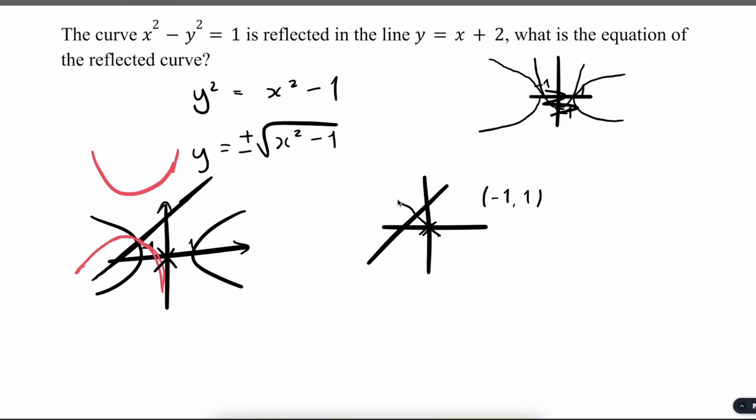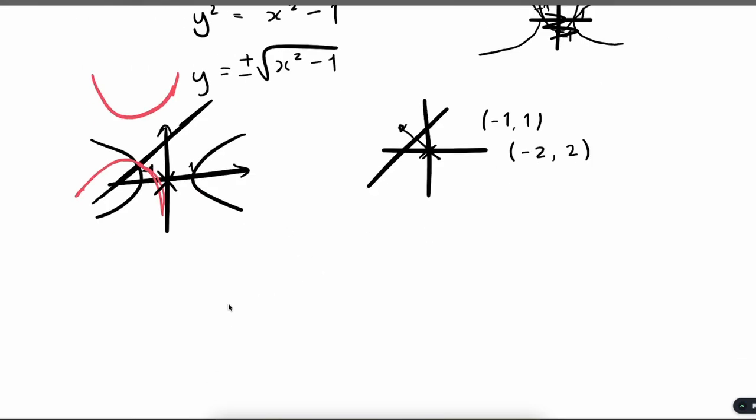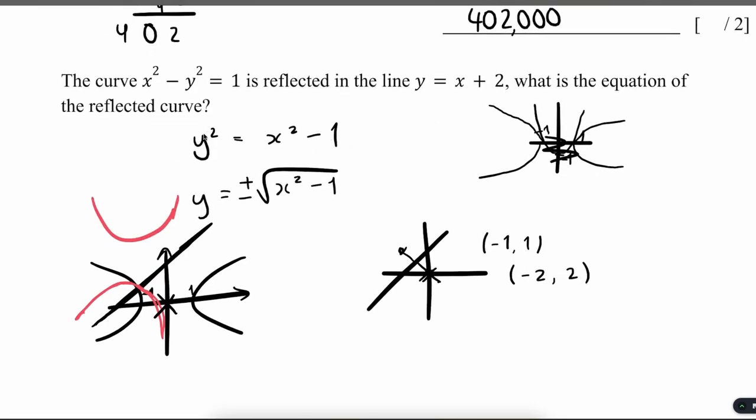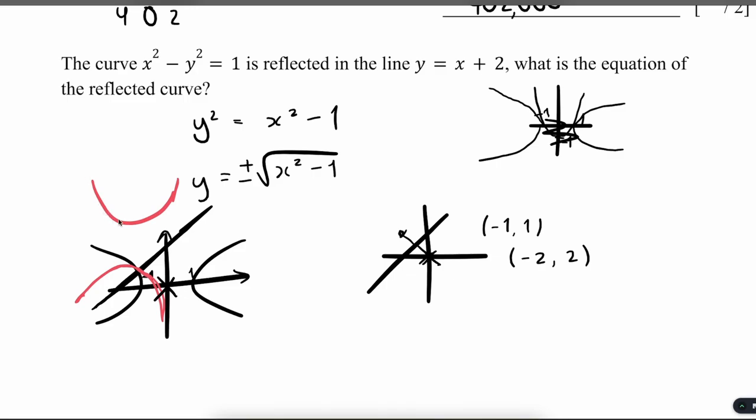So to get to the other side, it's going to go another minus 1 and then up another 1, so it's going to end up at minus 2, 2. And that is going to be our new centre. So the centre of this new graph is minus 2, 2, and the equation is going to be the same as this equation, only with the x and the y flipped round.